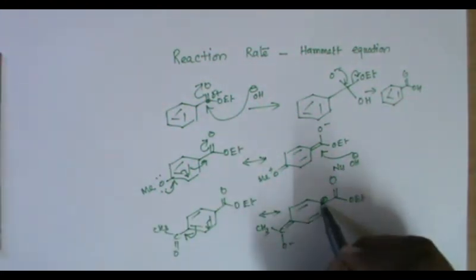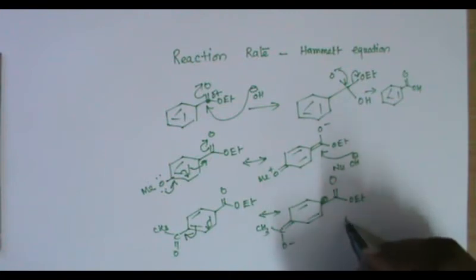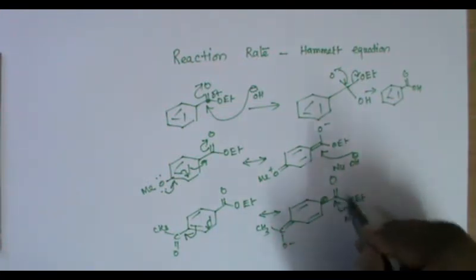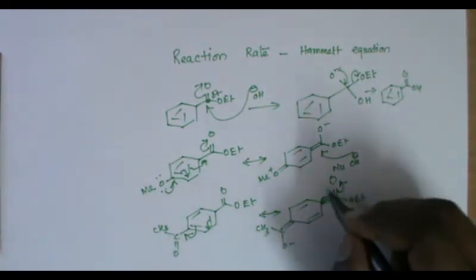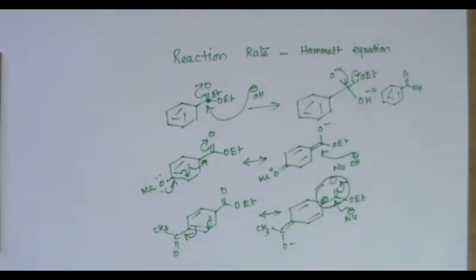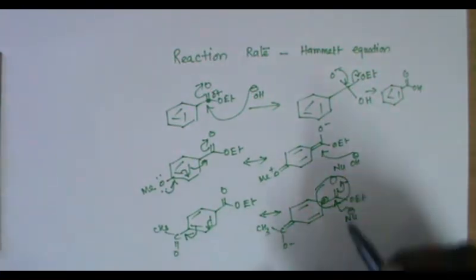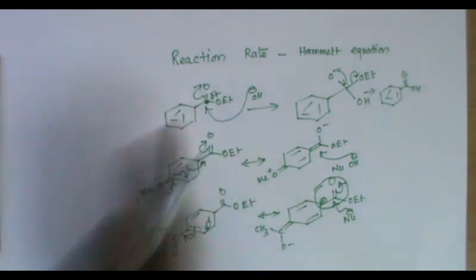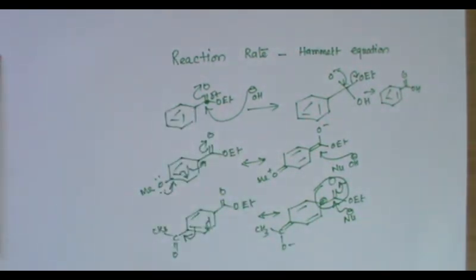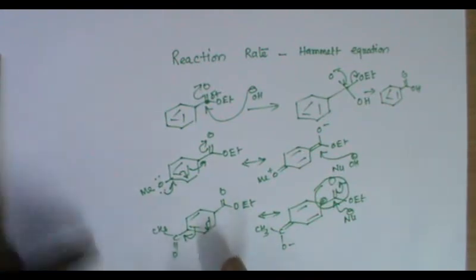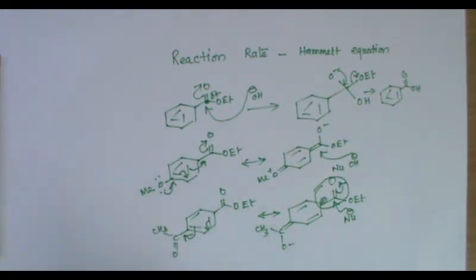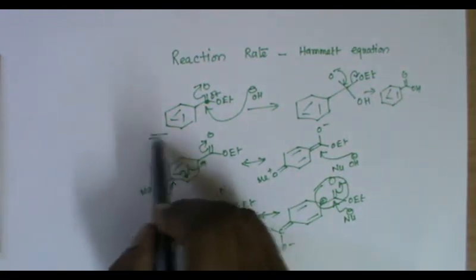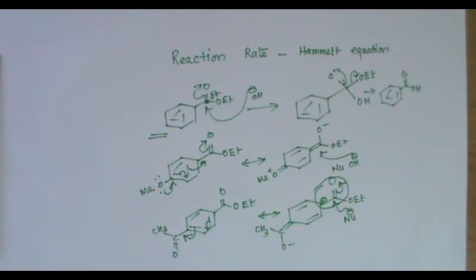Since there is plus charge, here also plus charge, the nucleophile will easily attack this because the electron density on this position is very less. So it will attack easily. So the rate of this reaction will be higher compared to ethyl benzoate. So this will react faster than ethyl benzoate and this will be slower. So if you take this as reference, when I introduce an electron donating group, the rate is decreased. When I introduce an electron withdrawing group, the rate is increased.